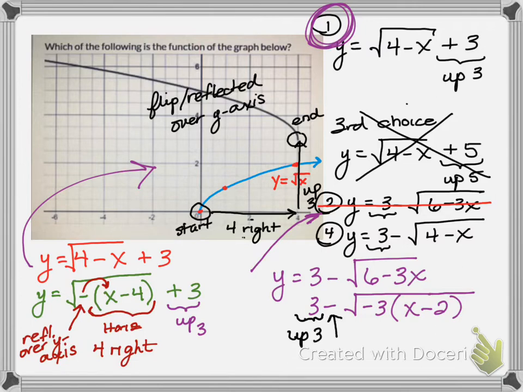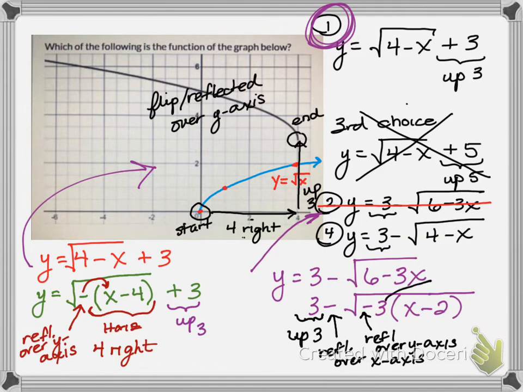That negative tells me I am reflecting over the x-axis. This negative is telling me I'm reflecting over the y-axis.